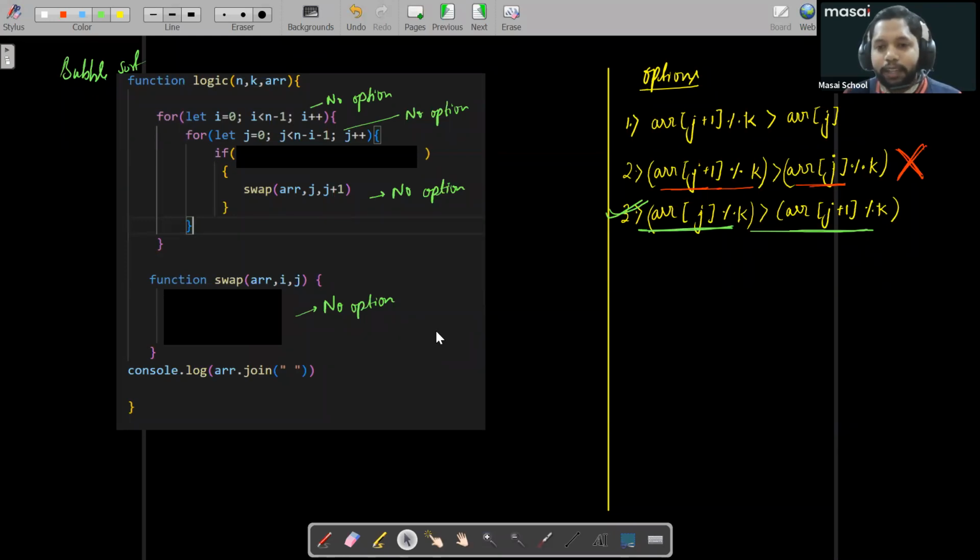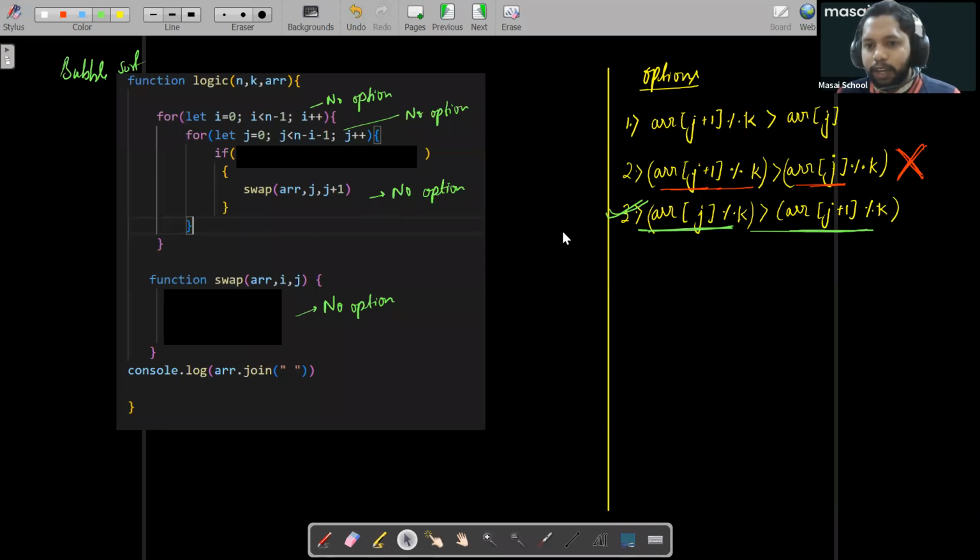I want the complete answer, don't just say temp equals array[i]. Okay, temp equals array[i], array[i] equals array[j]. Lokesh, you are correct, guys. But here I am using i and j, so instead of j and j plus 1 you can use i and j. But yes, you are correct, Lokesh.